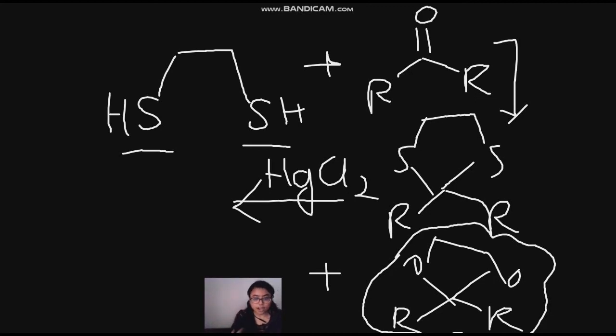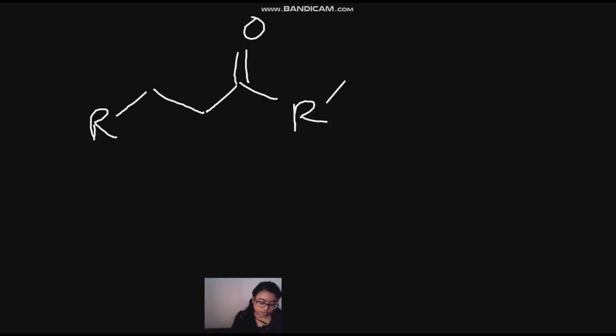Now let's see how we will use protection and deprotection in reactions. Suppose we have two keto groups. We have a compound like R, R prime, here is a keto group and here is another keto group. We want this product.